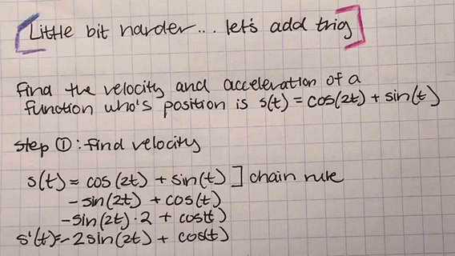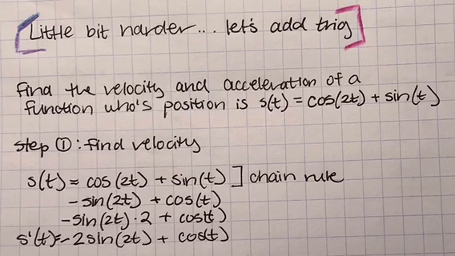You have to apply the chain rule. So you take the derivative of the outside function, which is cosine. So the derivative is going to be negative sine, times the original, or the inside, which is 2t. But then you also have to multiply that by the inside derivative. So you have the 2 from the 2t.